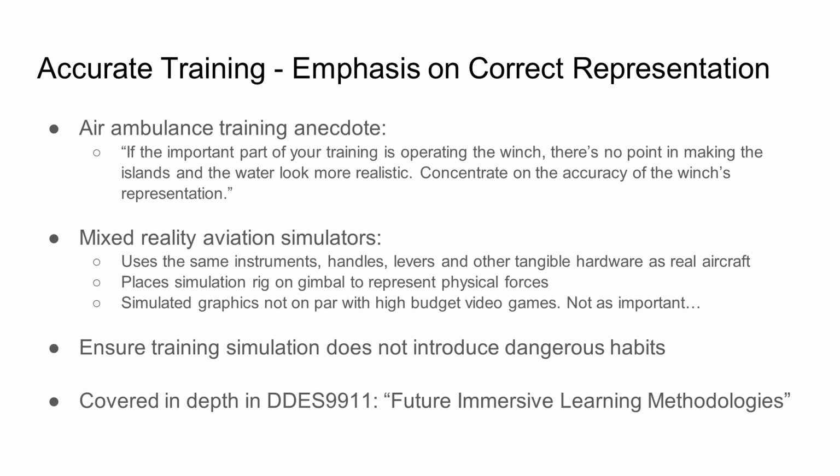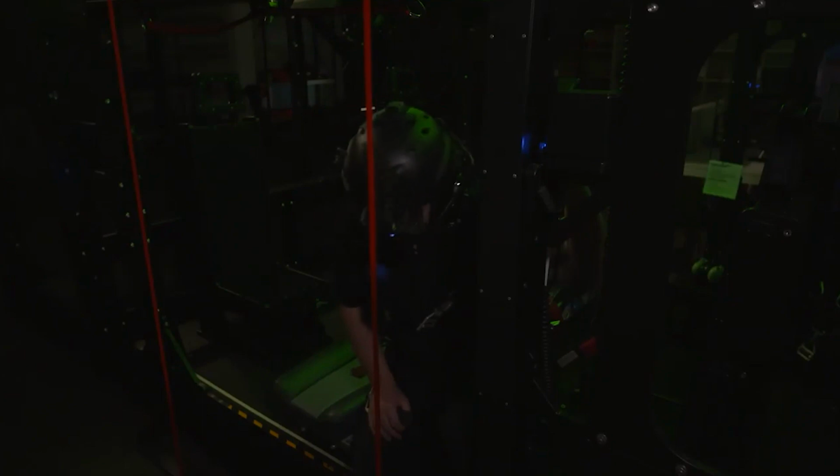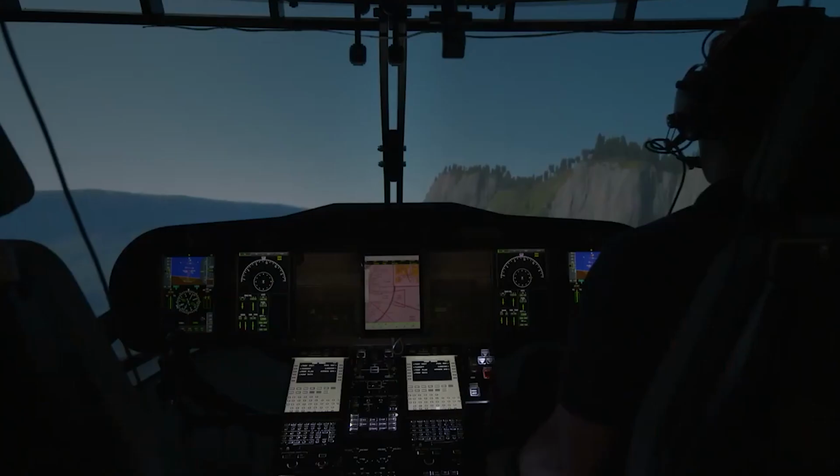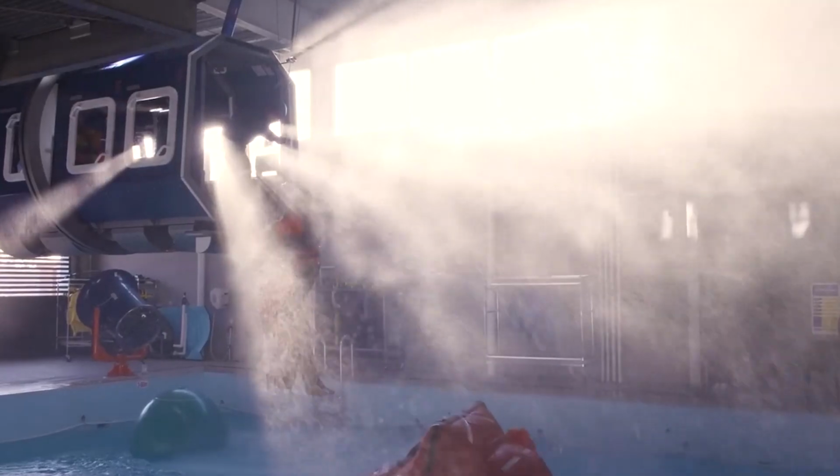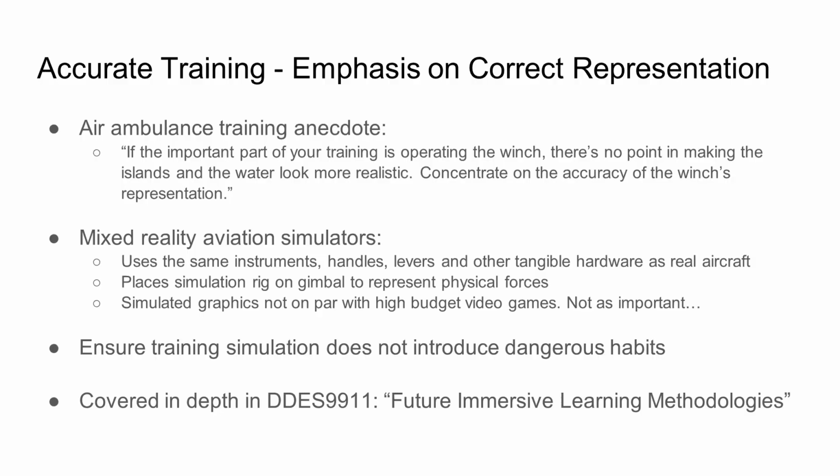Focusing on the right thing to me just means that you don't spend a lot of time making sure that the water graphics and the terrain graphics are really nice when what you actually want to be training the people on is how to operate a winch on a helicopter. So you want to concentrate all your fidelity and all your effort in making that representation correct. That is the operation of the winch.